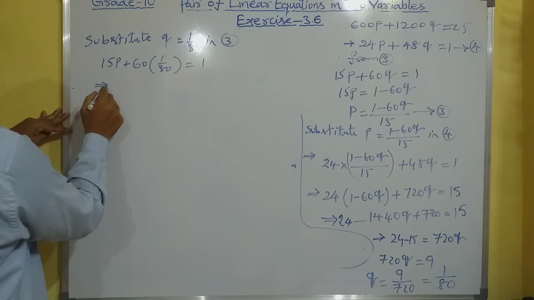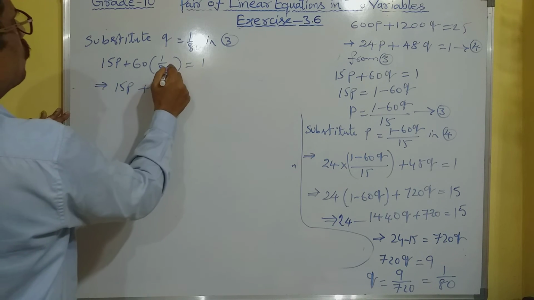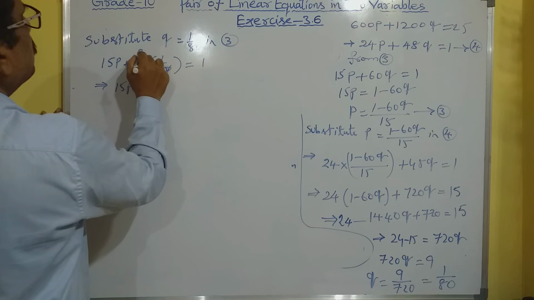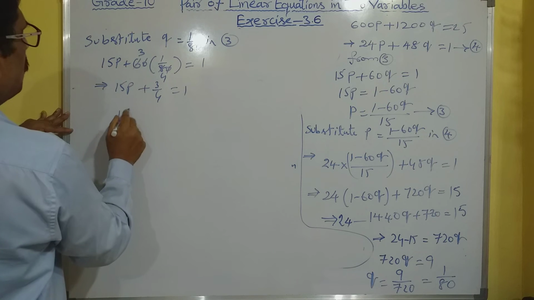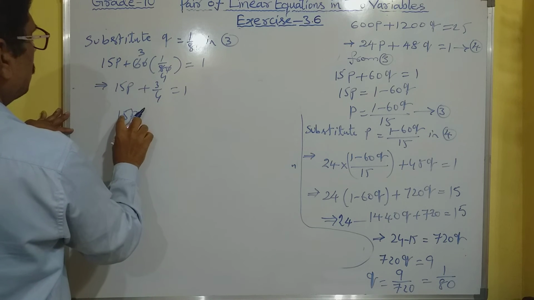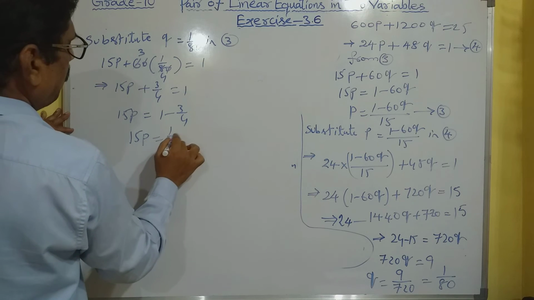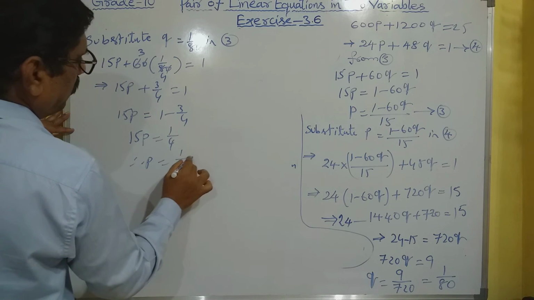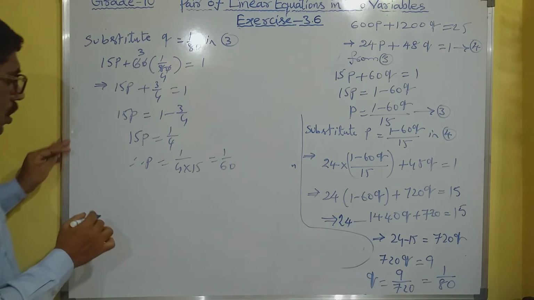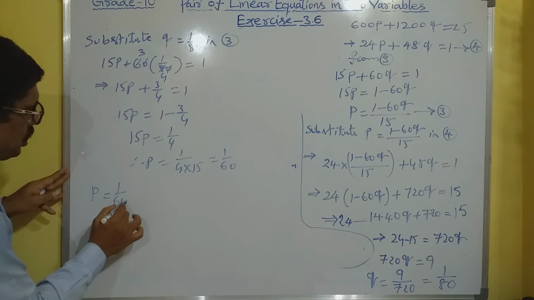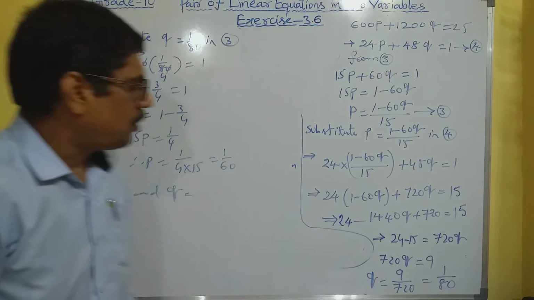So this implies 15p plus 3 by 4 is equal to 1. 15p is equal to 1 minus 3 by 4. 15p is equal to 1 by 4. Therefore, p is equal to 1 by 4 into 15, that is 1 by 60. Now p is equal to 1 by 60, and the q value is 1 by 80.